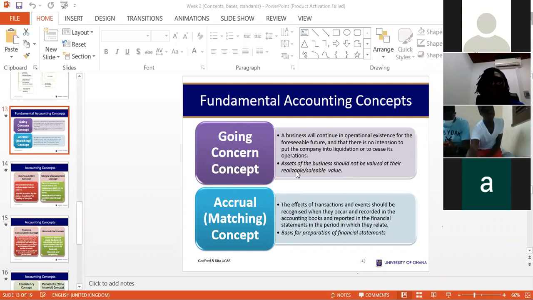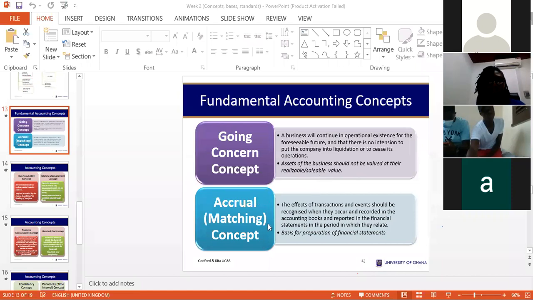So hold that. Assets of the business should not be valued at their saleable value. They can be valued at the acquisition cost, the cost at which you bought that asset. Why? Because that cost can remain on the face of your report forever, because we know the business will continue until you dispose of that asset.